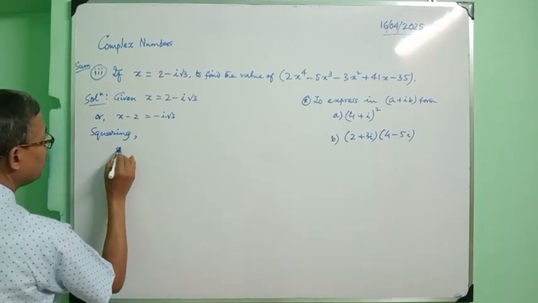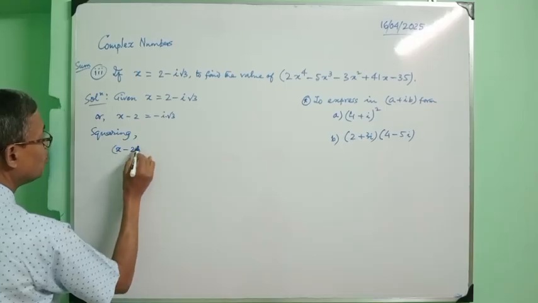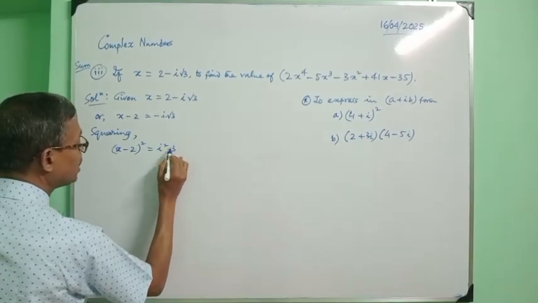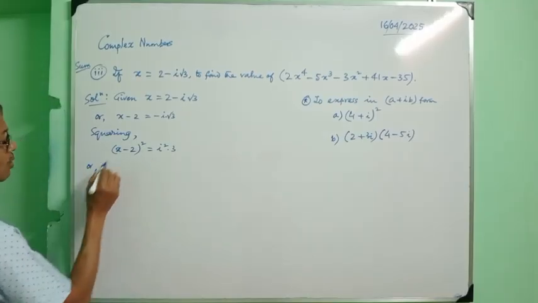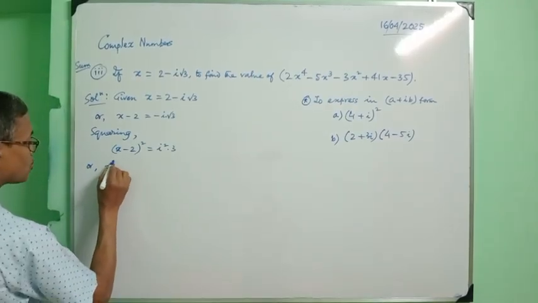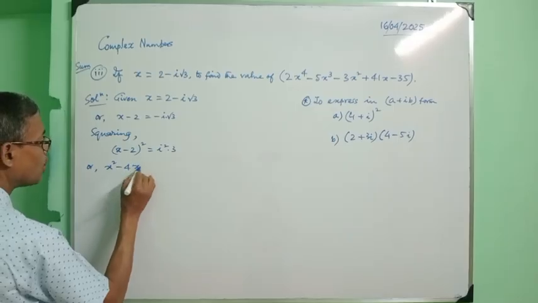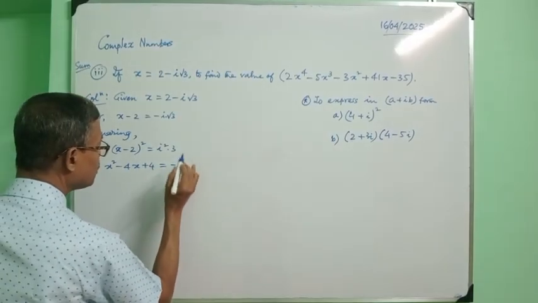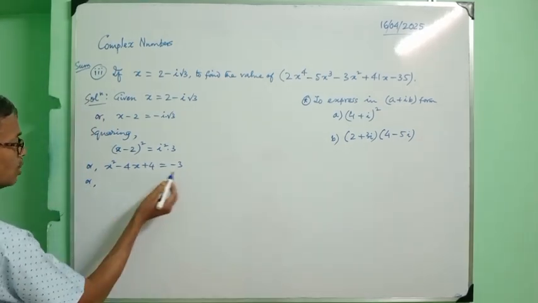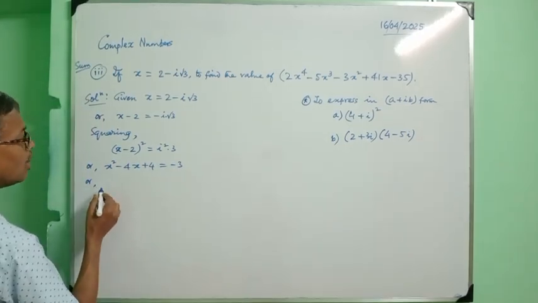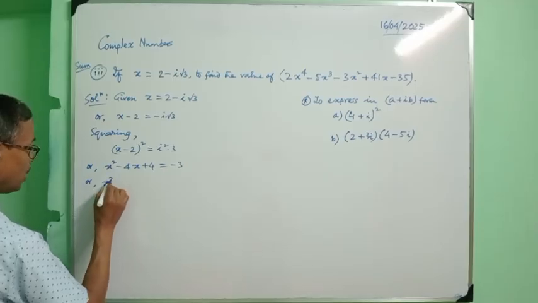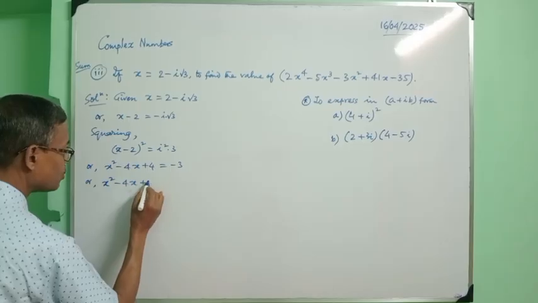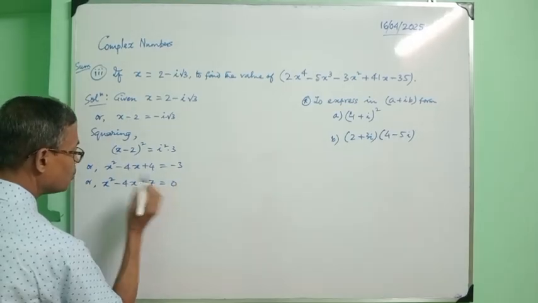What do we get? x minus 2 whole square equal to i square into 3. Now I expand this one: x square minus 4x plus 4 is equal to minus 3. Or just I take this on the left, x square minus 4x plus 7 is equal to 0.